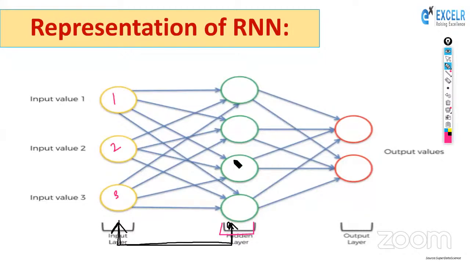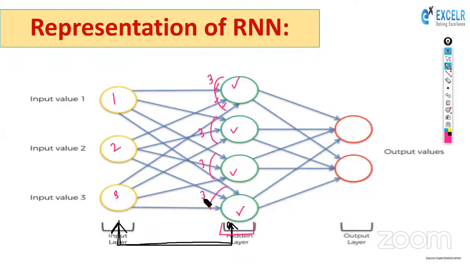That means each hidden node gets 3 inputs, 1, 2, 3. So 3 inputs means 3 weights for this node, 3 weights for this node, 3 weights for this node, and 3 weights for this node also.